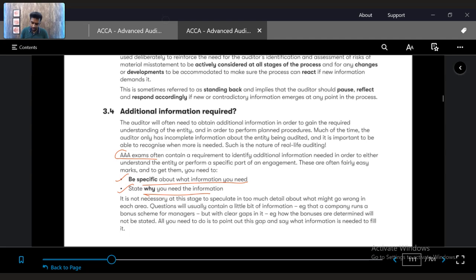You don't need to speculate too much about the detail and say what could go wrong. If you don't have enough information, you just ask for it. That's it. There could be gaps, so say why you need that information and fill that gap.